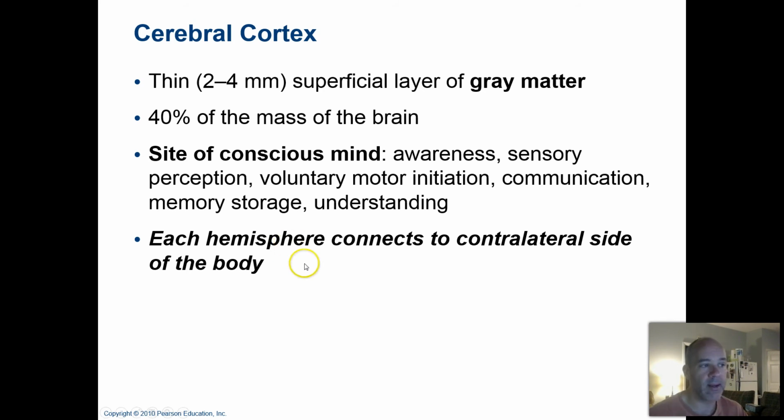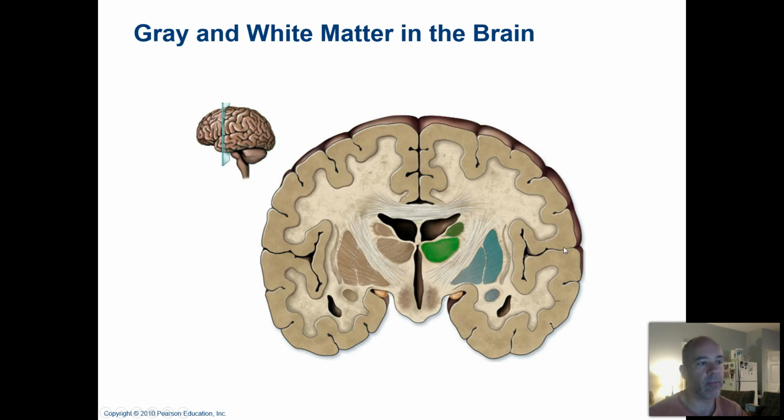Another important thing, which we're mentioning over on the anatomy side as well, each hemisphere, the left and the right sides of the brain, are connected to the contralateral side of the body. You have this crisscrossing that takes place. And if we back up over here, over on the anatomy side, you're learning about a brain structure called the corpus callosum, which is right in here.